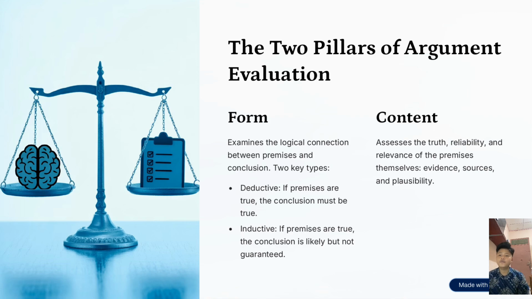Inductive: if the premises are true, the conclusion is likely but not guaranteed. And 2. Content: assess the truth, reliability, and relevance of the premises themselves: evidence, sources, and plausibility.